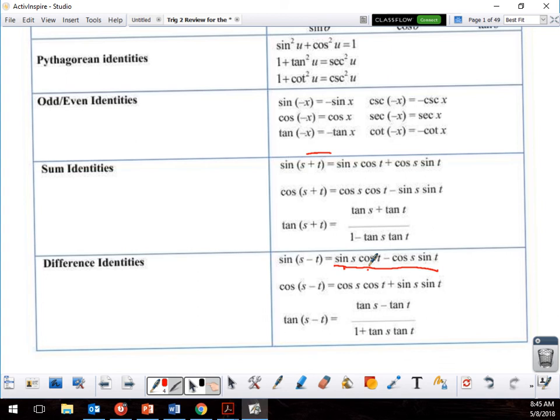If you remember when we were doing this before, for all the cosines it's cosine, cosine. For a sine identity, it's sine, cosine. So sine, cosine, minus means it's going to be the sine of s minus t, where s is my first value and t is my second value.